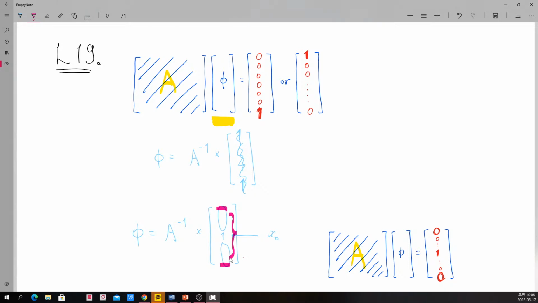Okay, so now you can understand that both your phi from the Laplace equation and your phi for the green function, or the Poisson equation with the Dirac delta source, can be regarded as just taking certain information of your A function. So actually inverse of A. You have certain inverse A function.